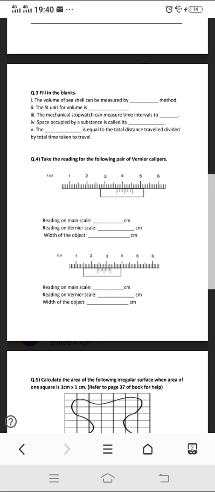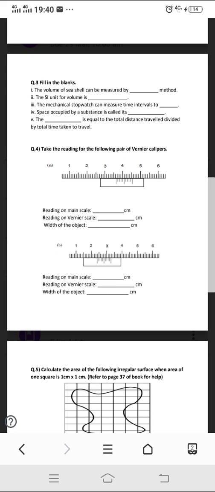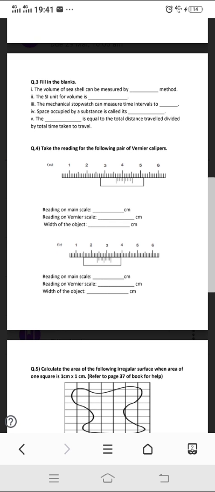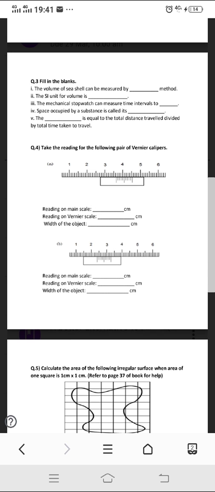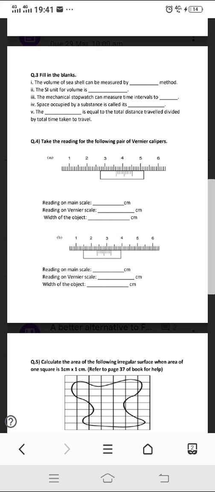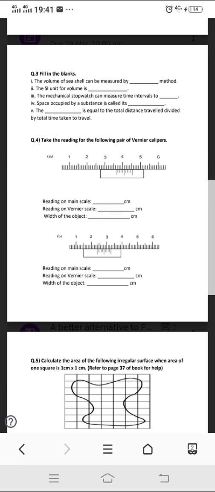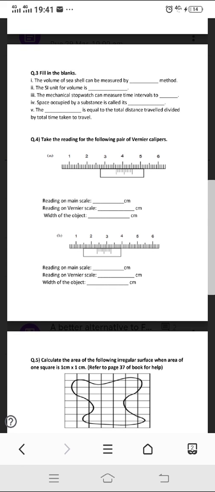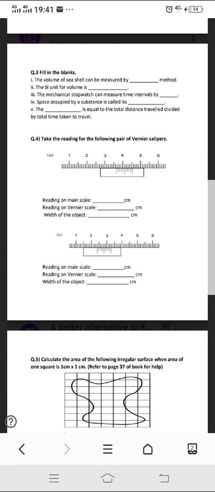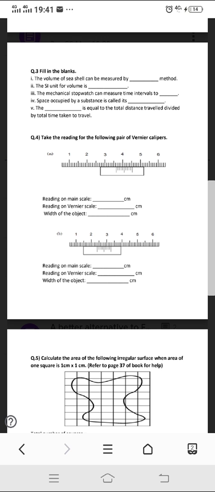The dash is equal to the total distance traveled divided by the total time taken to travel. In maths you must have studied the formula for speed, which is equal to distance over time. When we talk about the total distance over total time, that gives us average speed. Now why am I using the word average? For example, you travel from your home to the school, and you see that throughout this journey your speed keeps on changing, right?